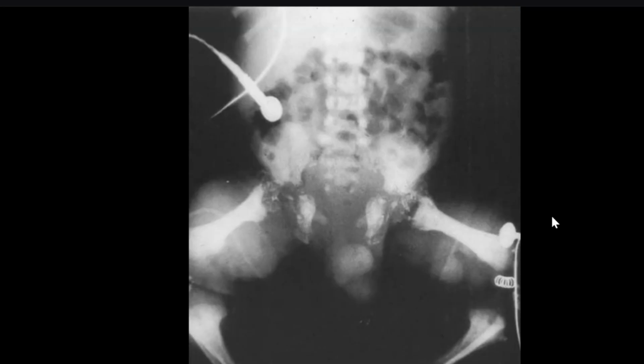Okay, I am provided with a pediatric age group patient, a frontal radiograph of the lower abdomen and partially visualized bilateral femur and knee joints in a frog-like position. I can appreciate diffusely increased bone density of the lumbar vertebrae and bilateral femur and tibia as well. I can appreciate multiple calcific densities in the region of bilateral femoral epiphysis.